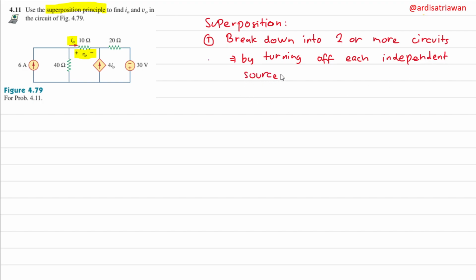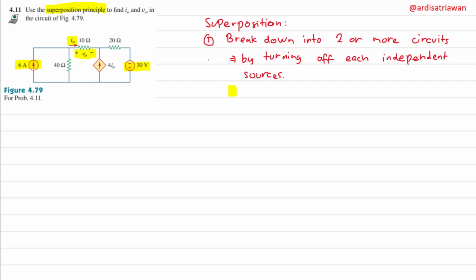And we need to take a look at our sources here. We have three sources. Two are independent, so this 6 ampere current source is independent and this 30 volt source is independent, but this one is a dependent current source, so we don't need to turn it off. So we need only to turn off this current source and this voltage source.